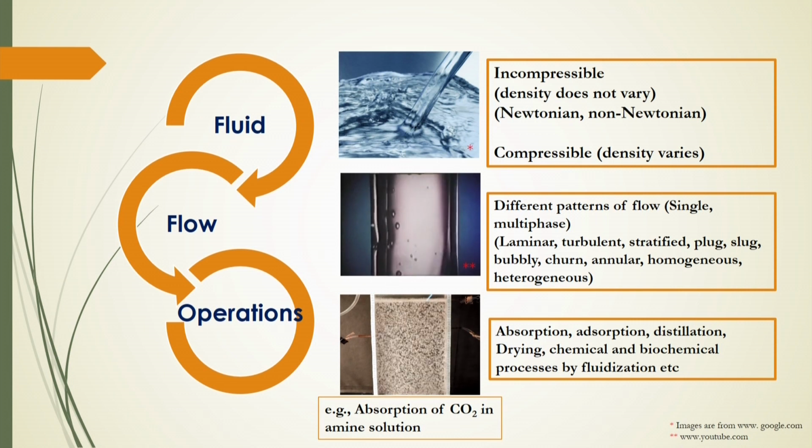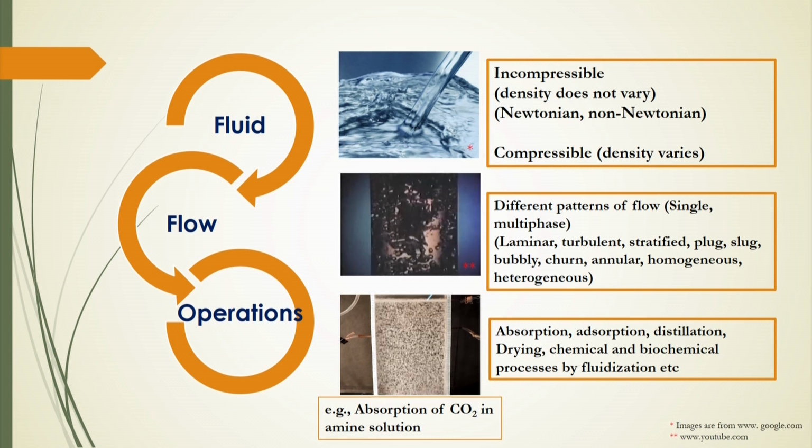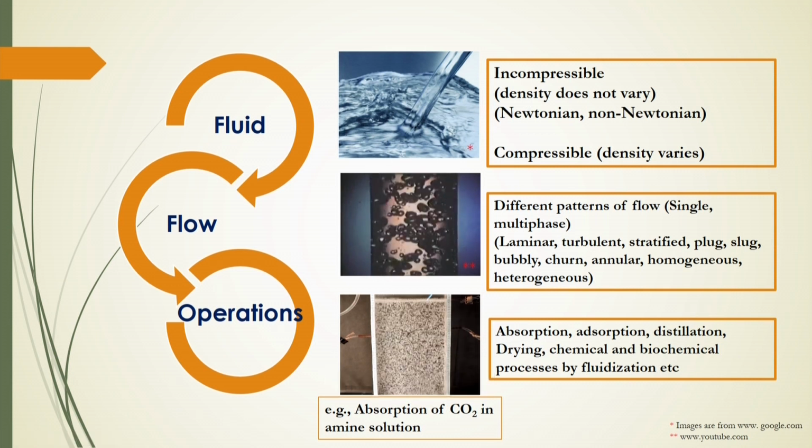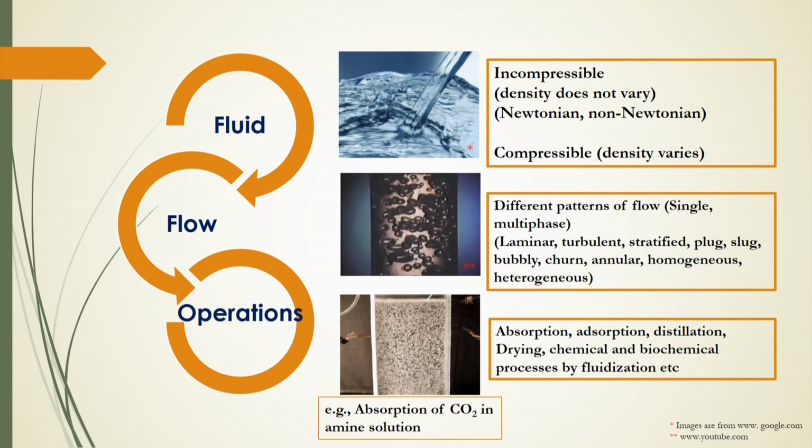Sometimes some bubbles will disperse as a smaller size, and here in the bottom video you will see the bubbles dispersed as a dispersed phase, or you can say gas is flowing in a liquid medium as a dispersed phase of bubbles. And in this case you will see uniform bubbly flow occurs.